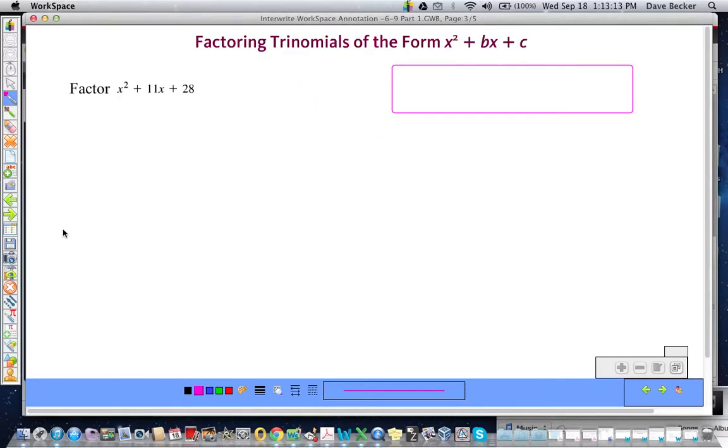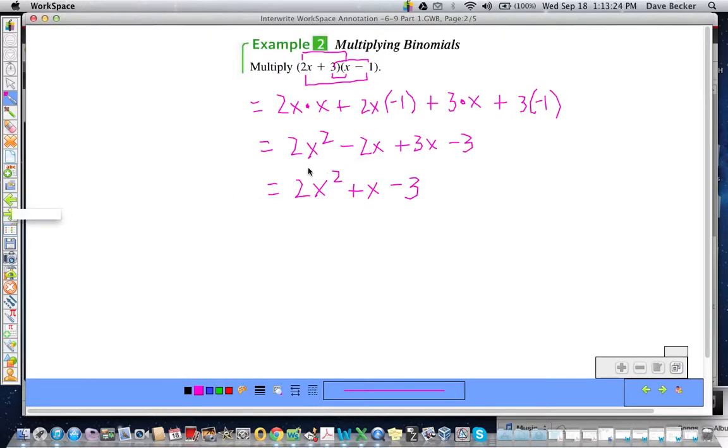Okay, now we are going to factor trinomials of the form x squared plus bx plus c. Well, what form is this? Let's take a look back. We ended up in the form ax squared plus bx plus c here.